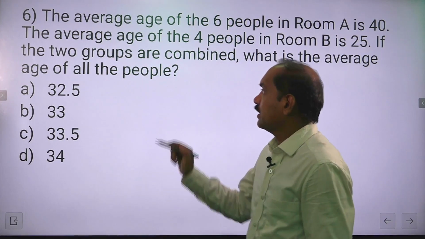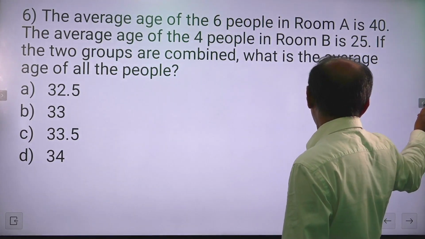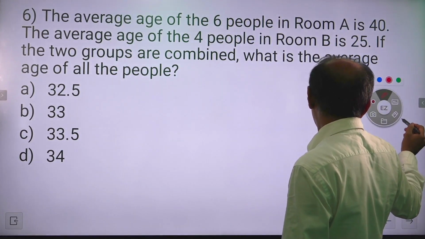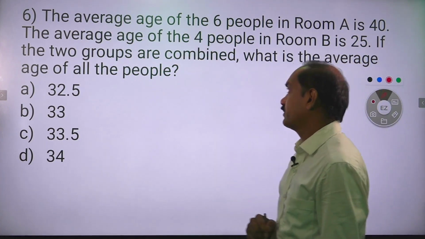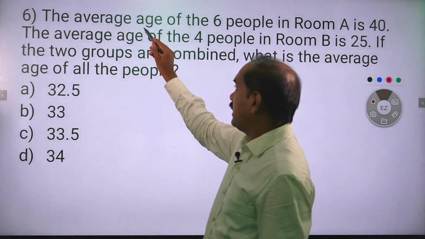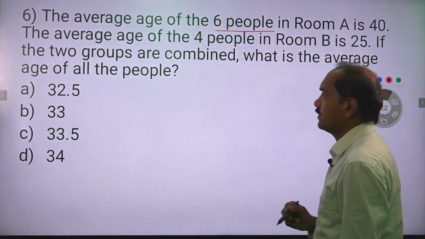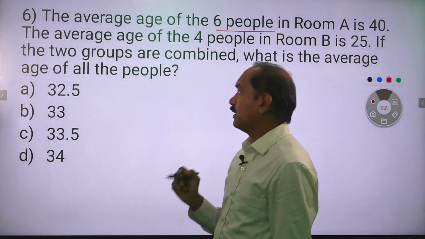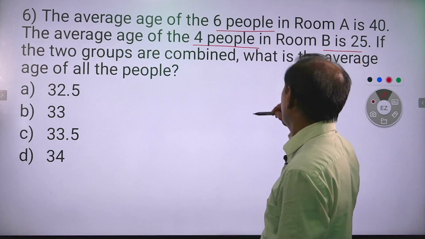Now this is a problem on averages, a mixture of average and ages. The average age of 6 people in room A is 40, and the average age of 4 people in room B is 25.